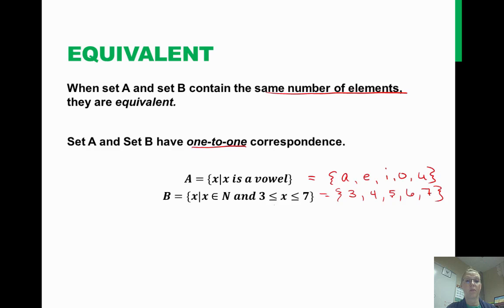Now let's see if they have a one-to-one correspondence. They should only match up to one item each. And yes, they do. So this set is equivalent, not equal, equivalent.